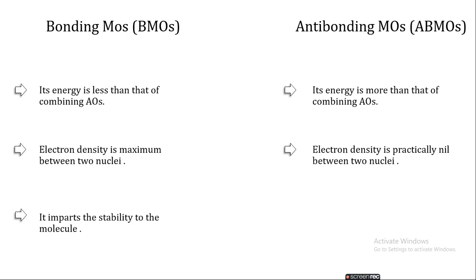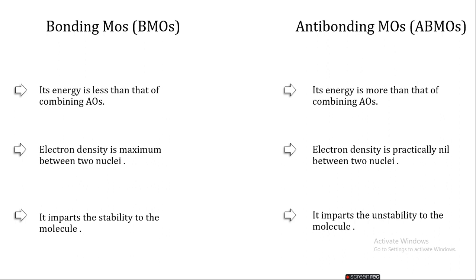In bonding molecular orbital, next point is it imparts stability to the molecule. And in antibonding molecular orbital it imparts instability to the molecule.